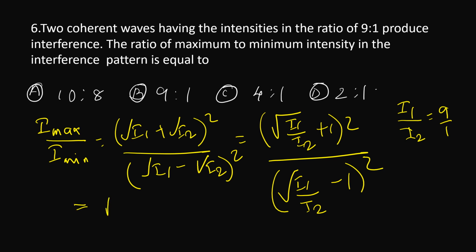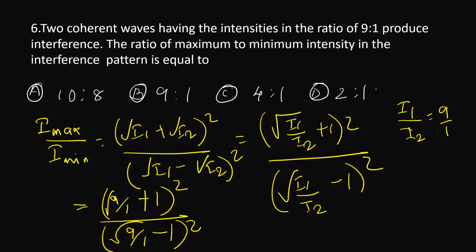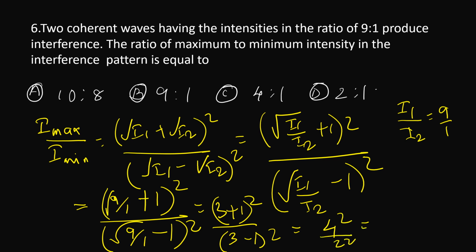That is square root of 9 by 1 plus 1 whole square divided by square root of 9 by 1 minus 1 whole square, or 3 plus 1 whole square divided by 3 minus 1 whole square. That is 4 square divided by 2 square, or 16 by 4. That is 4 is to 1. So option C is the correct one.